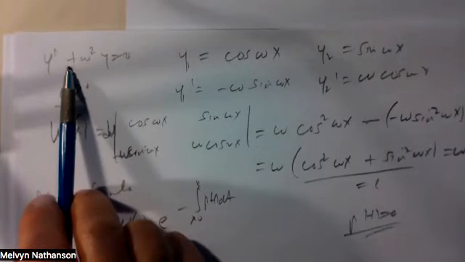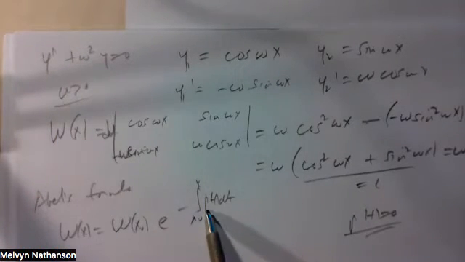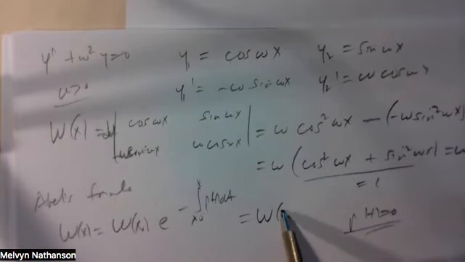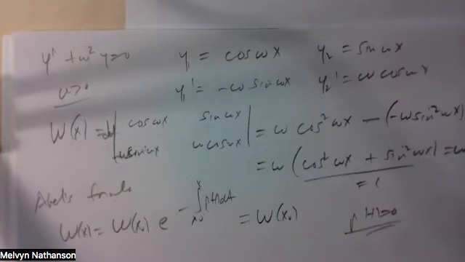Right? It's the coefficient of y prime. So this is e to the 0, which is 1. So this is W of x naught. So Abel's formula tells us that the Wronskian is constant, though it doesn't give us the exact value. The exact value is omega.